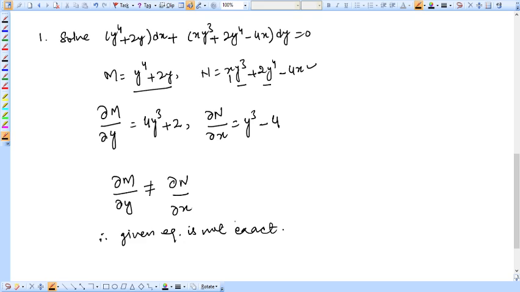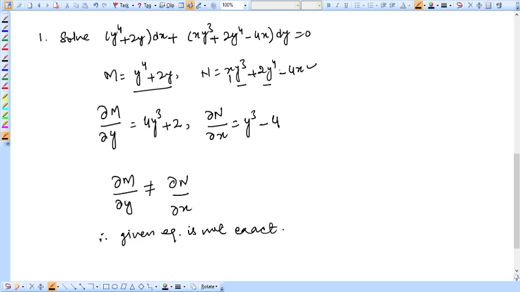Because when we multiply this equation by the integrating factor, the equation will become exact. After it becomes exact, we can directly find its solution. Its solution would be given by the integration of M dx plus all those terms of N which do not contain x, integrated, equal to a constant of integration.